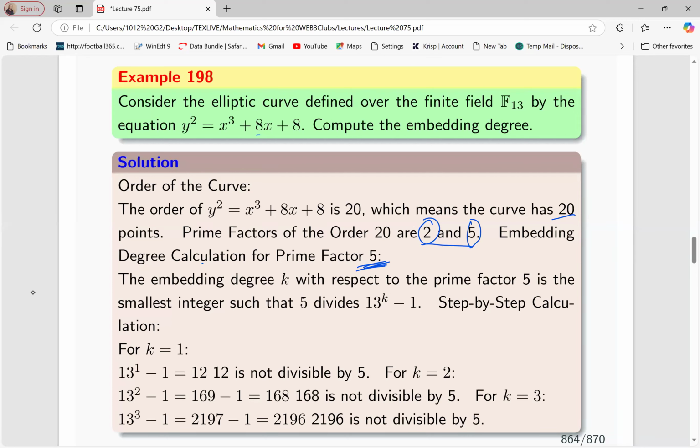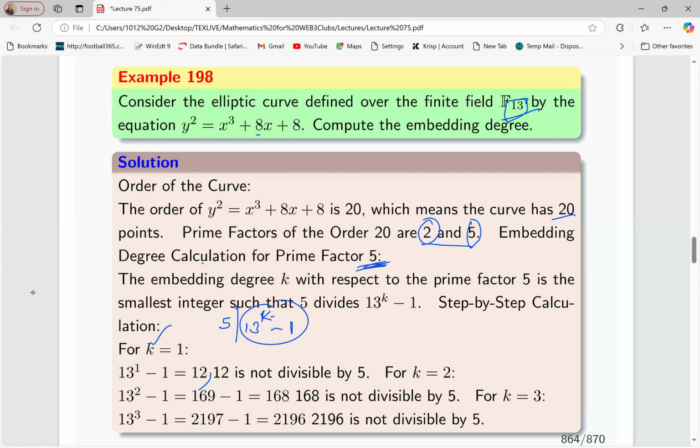We are looking for K that will make 5 divide this. I'll try K from 1 to 12 because we are doing it mod 13.